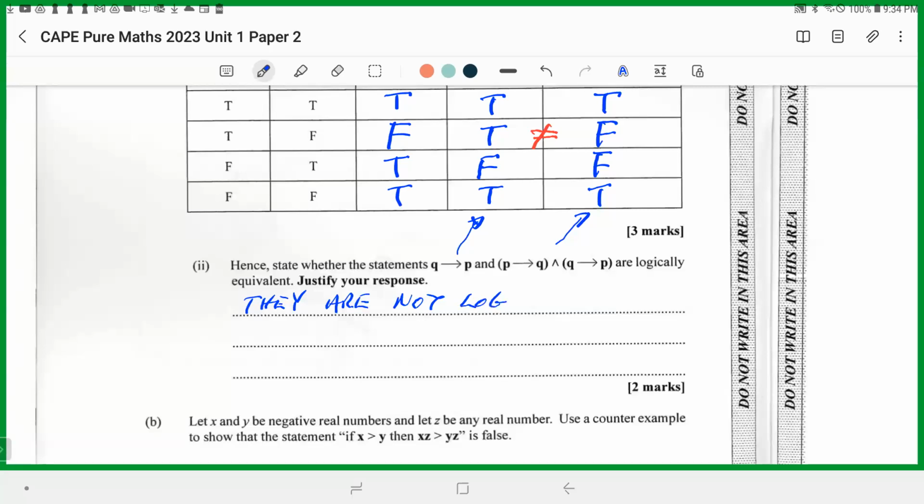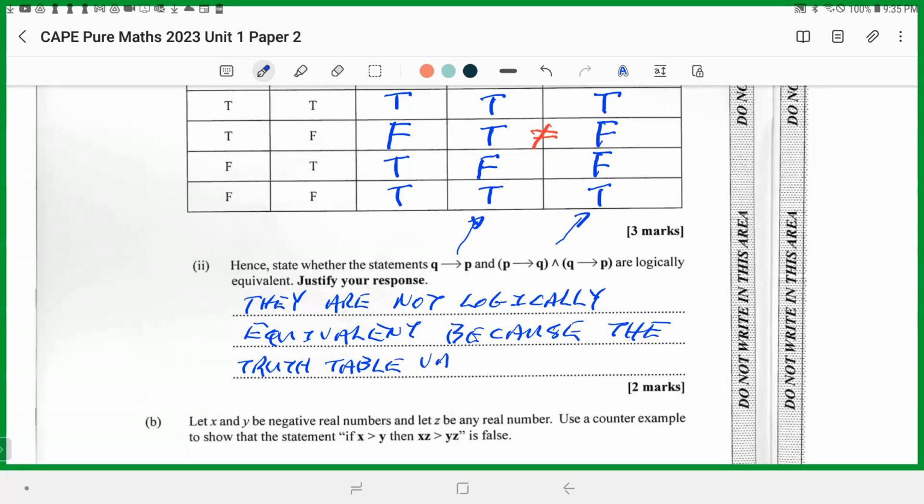Logically equivalent. Because the truth values, the values in the truth table, are not equal.